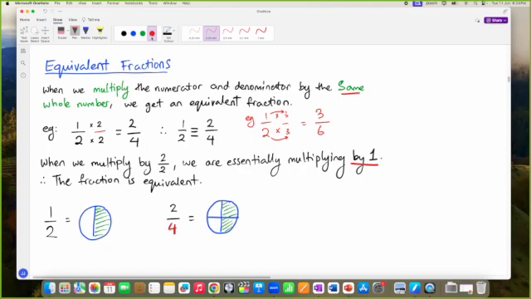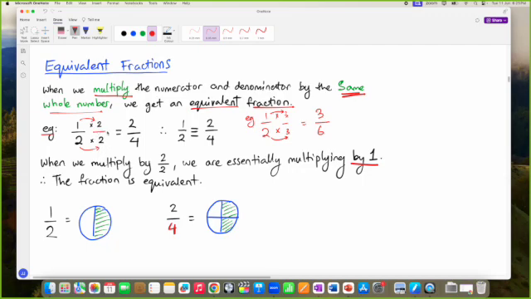When we multiply the numerator and denominator by the same whole number, we get an equivalent fraction. For example, if I have a half, and I multiply the numerator by 2 and I multiply the denominator by 2, well, what am I actually doing?